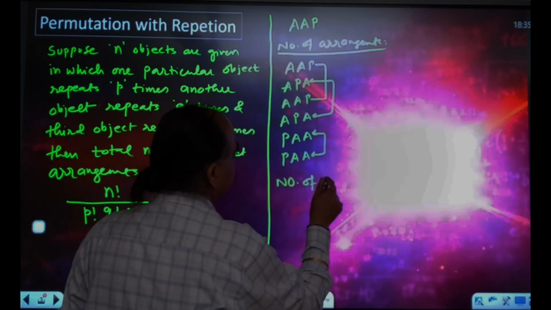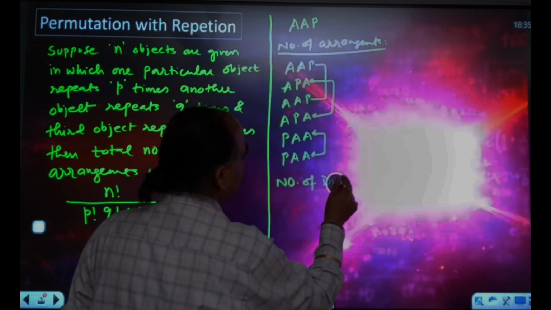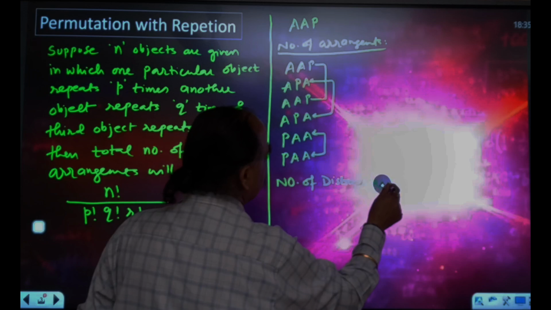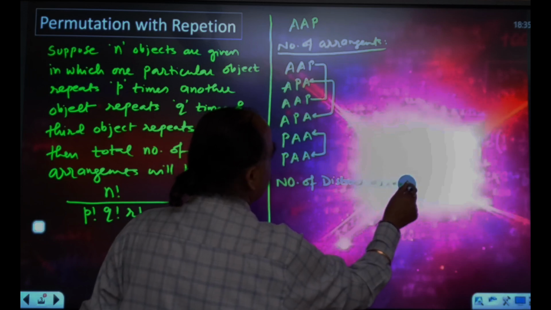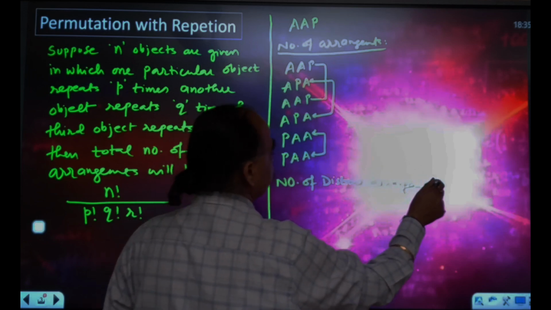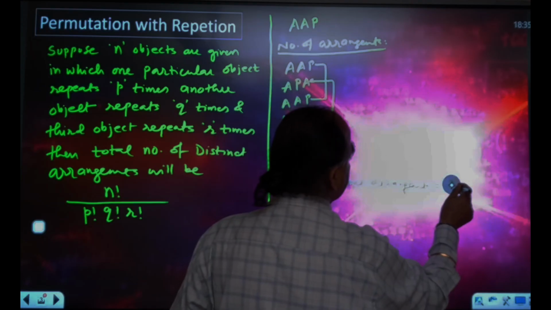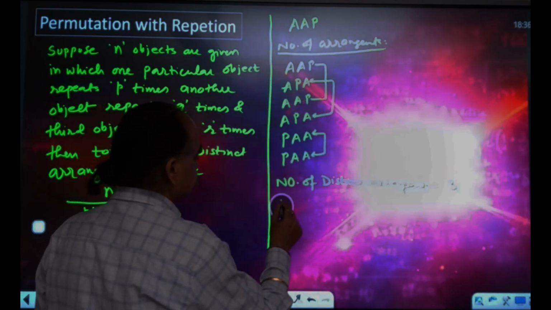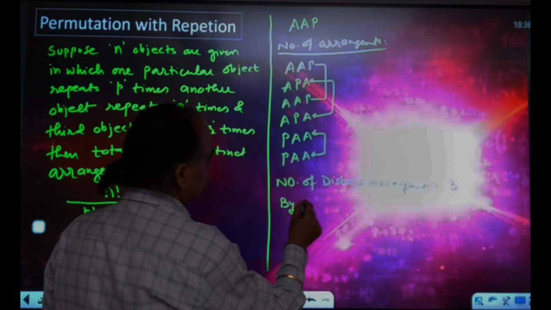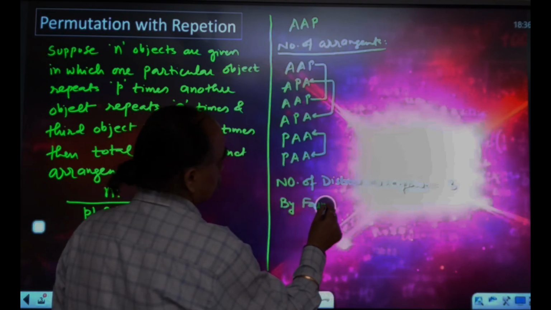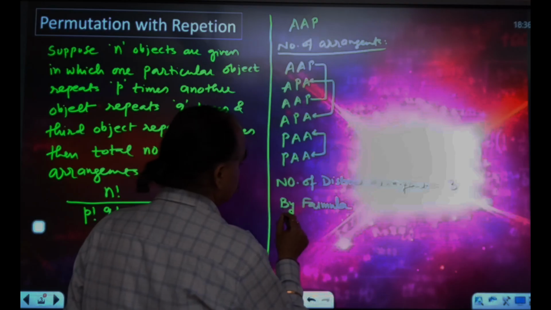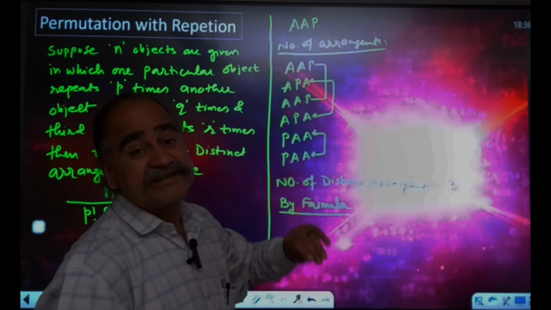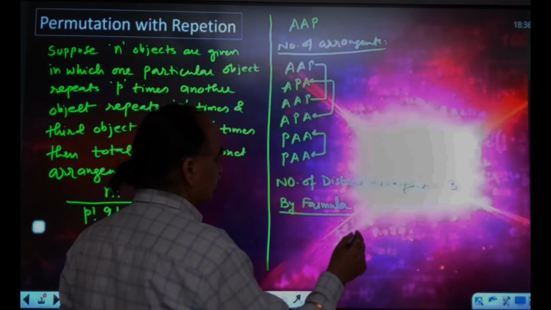Number of distinct arrangements is 3. Now by formula, total number of letters 3, in which A repeats 2 times.